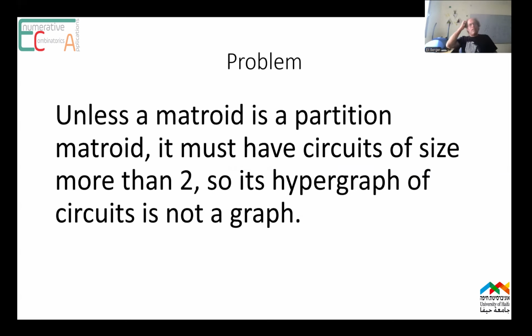So this is a nice way to obtain lower bounds for eta. But the problem is that we can't use it here because unless a matroid is a partition matroid, we have circuits of size more than 2.